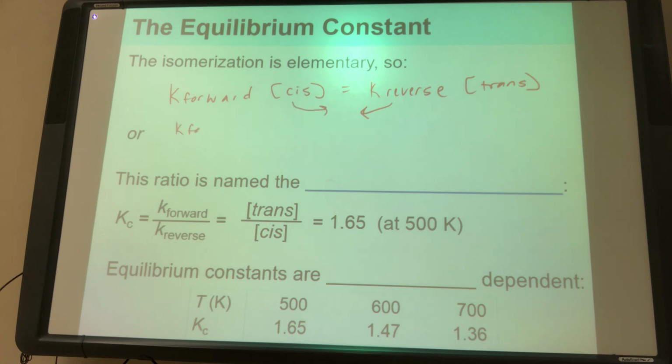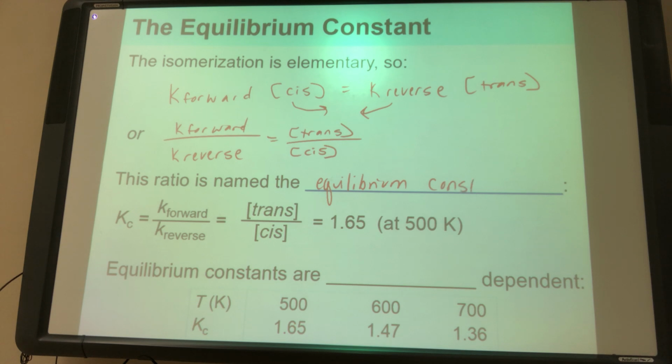So K forward divided by K reverse is equal to trans, which stays here, divided by the cis. So I got my concentrations together and my K's together. This ratio of my K's to my concentrations is called my equilibrium constant.